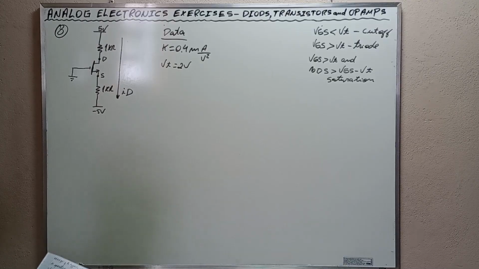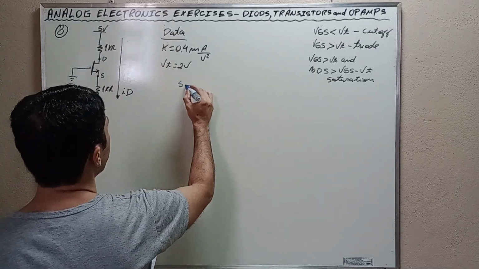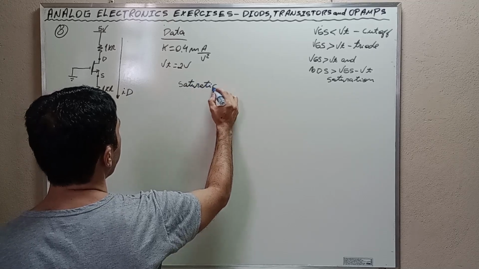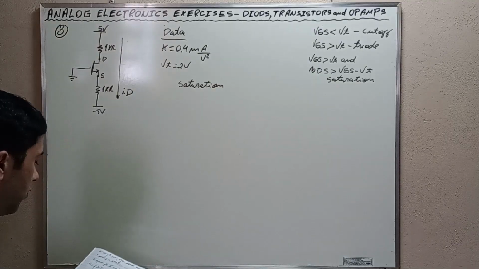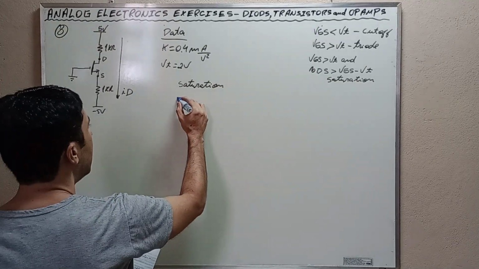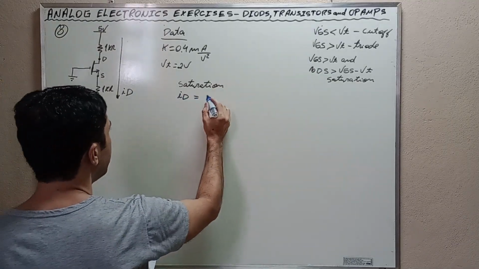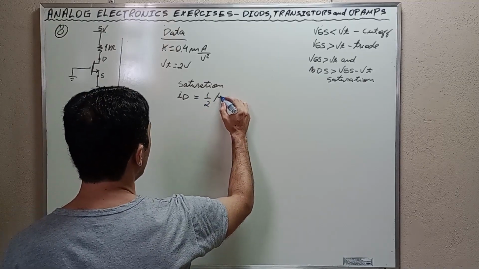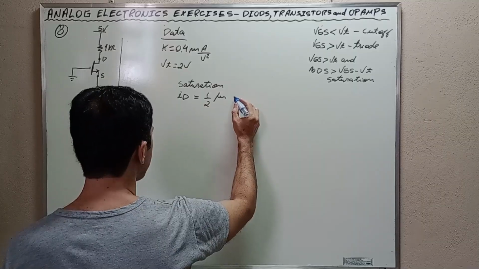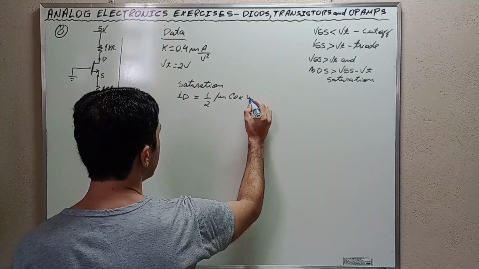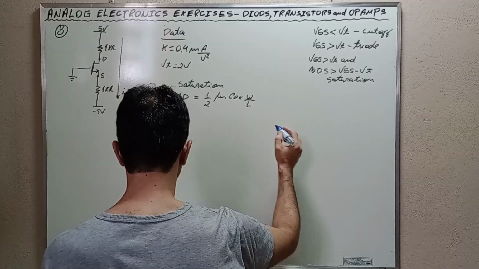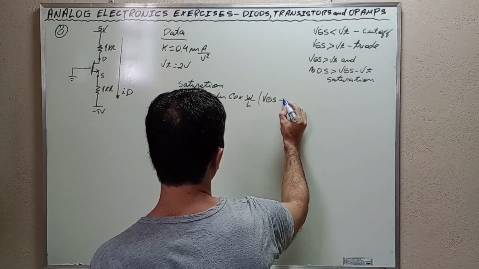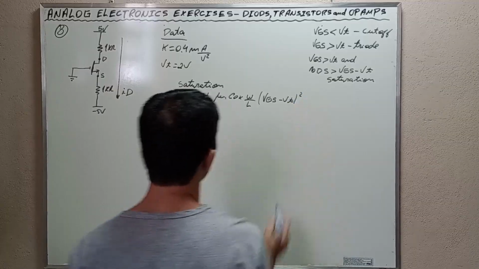Supposing saturation, the current ID is equal to a half of mu n COX W over L times VGS minus VT squared.